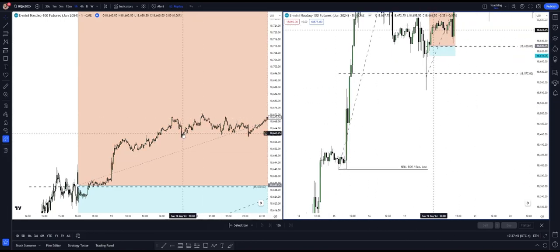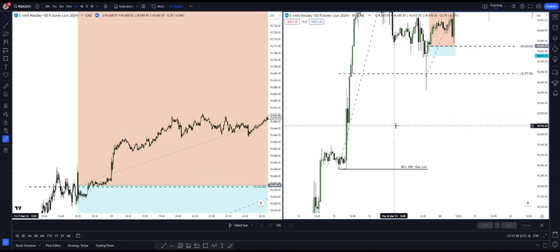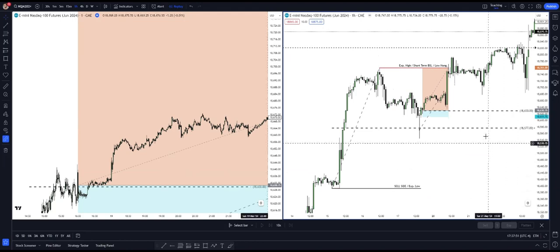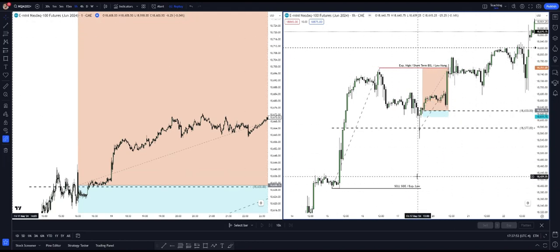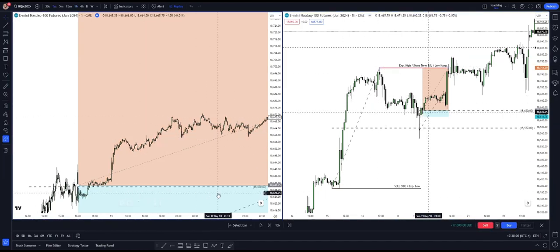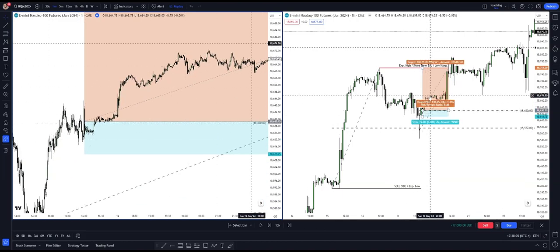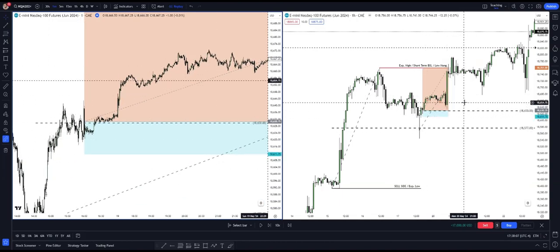That's why you need to be watching multiple time frames at the same time. On the one side, it's your framework time frame, wherever the SMT and the range are. On the other time frame, it's the 1 minute because that is where you execute. And now as it expands on the hourly, that's why you need to roll your stop loss.